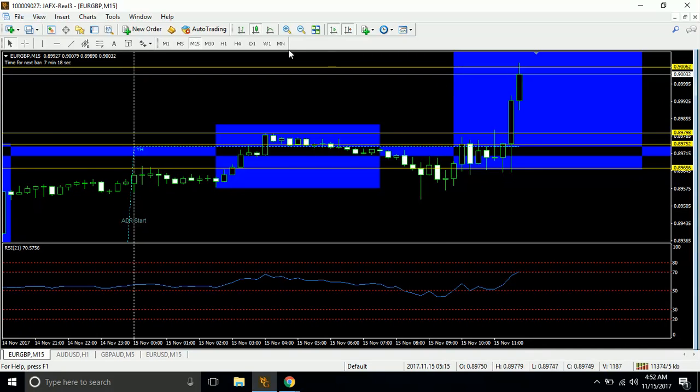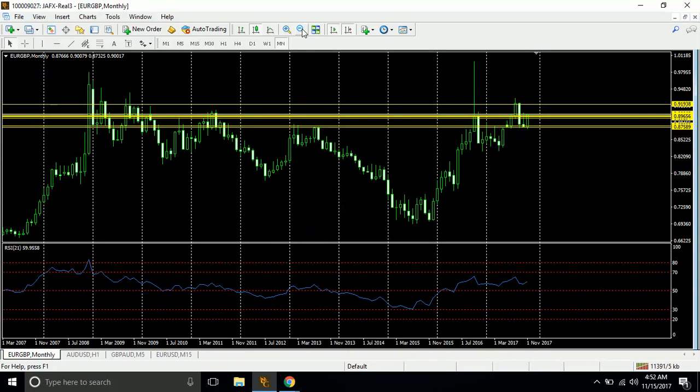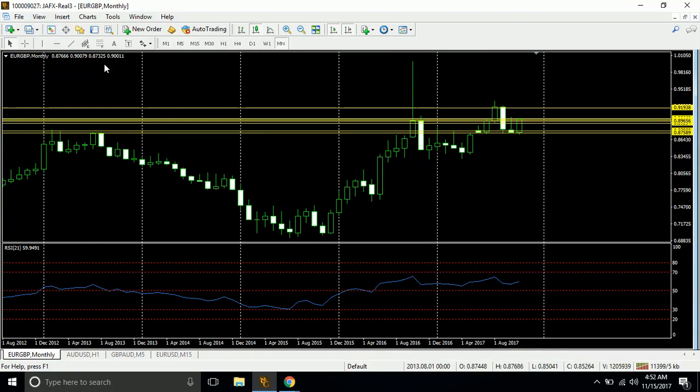And the higher the time frame, the stronger the pattern. So if you get, let me see, a pattern like this, a double bottom pattern.